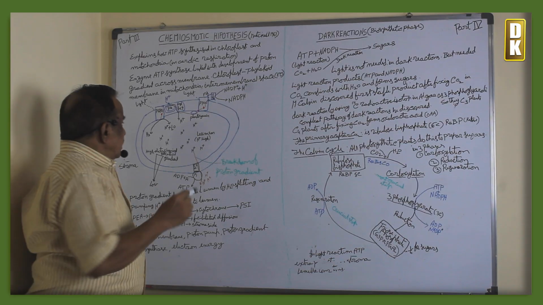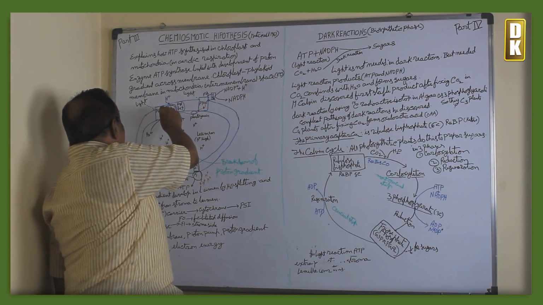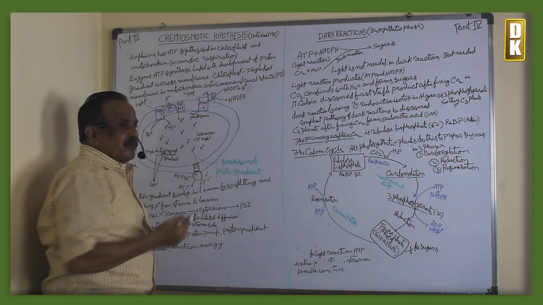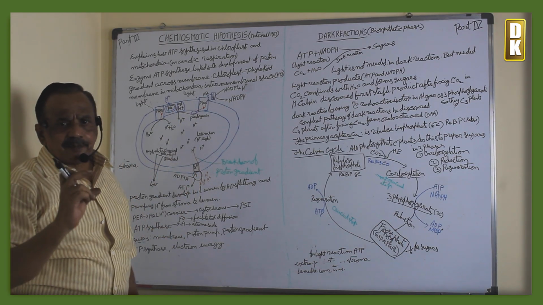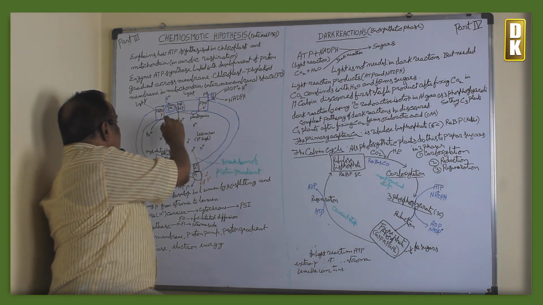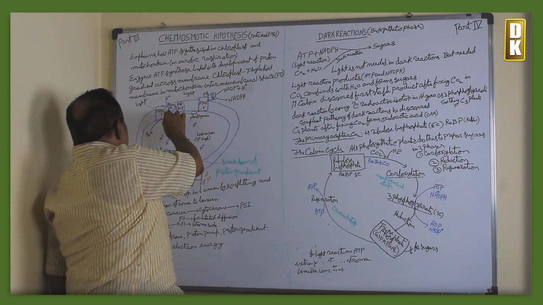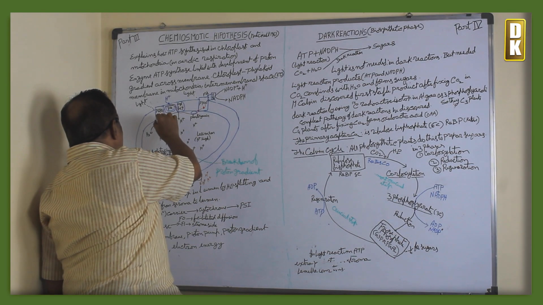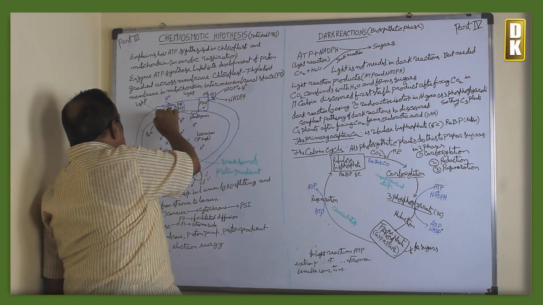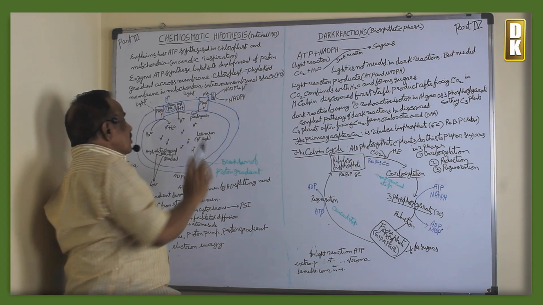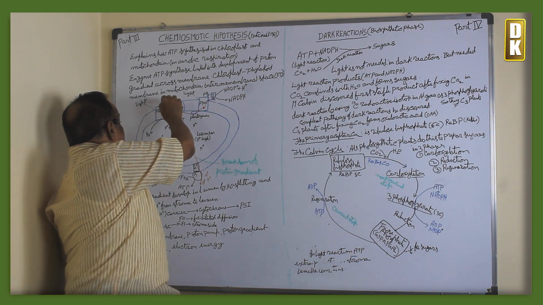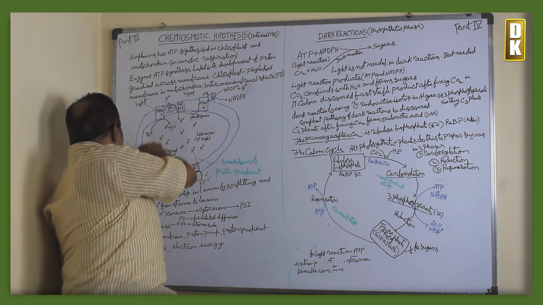Then immediately it will give those electrons to plastoquinone, PQ, which is present in the membrane. And when plastoquinone receives the electron from photosystem 2, plastoquinone will already have one proton from the stroma side.